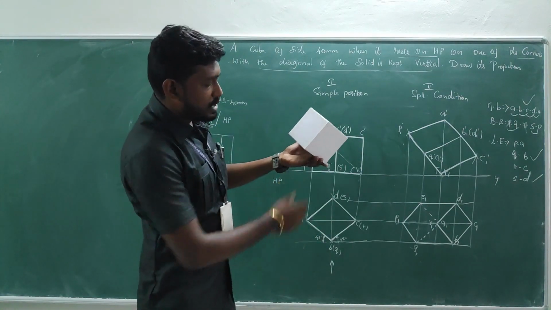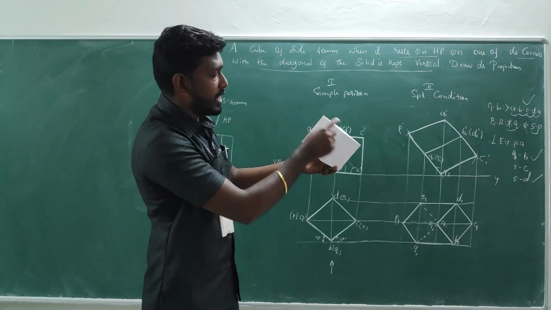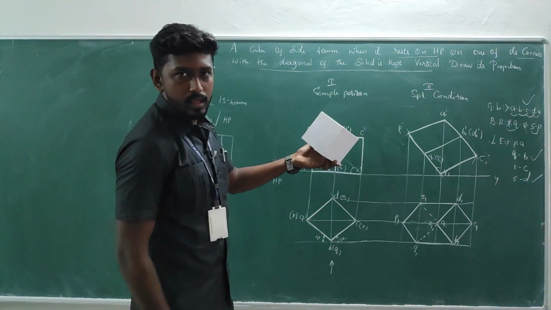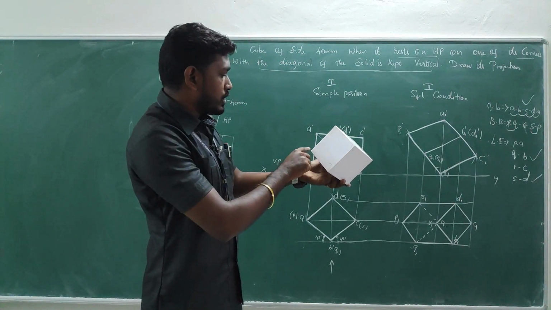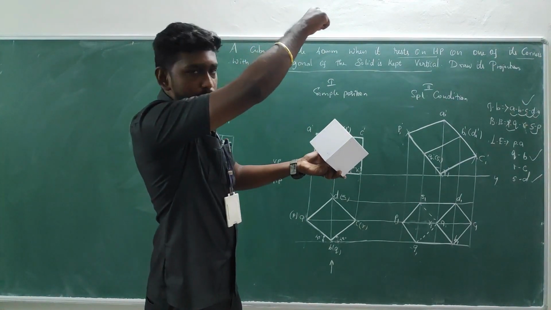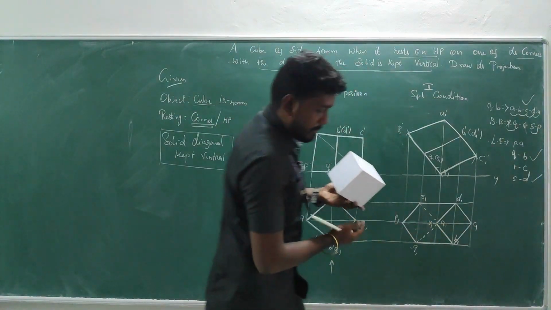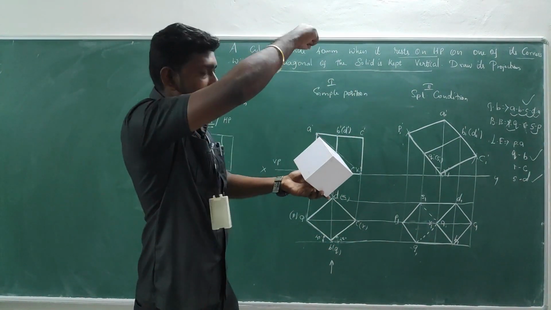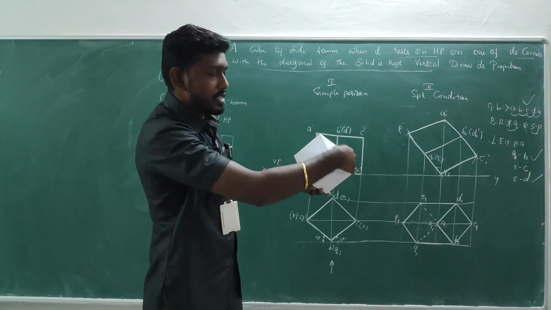So this is how the object is being placed. This is A, B, C and D. This is P, Q, R and S. When you are observing from the top, this P to A will be visible. What happens to the edge R to C? From the top, it is invisible since it is lying behind the faces.